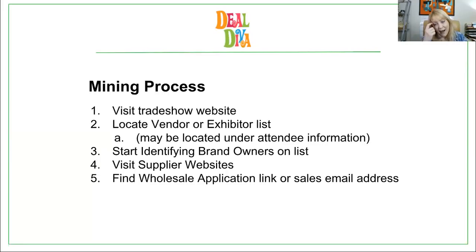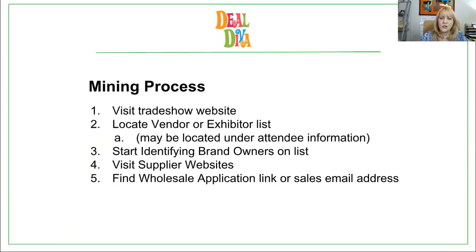I know that sounds kind of backwards, but the exhibitor link is going to be basically an application for a brand owner who wants to be a vendor at that event. What you want to do is find the link for attendees, because that attendee information is where they give you a list of the vendors a lot of times, and they tell you how to find contact information for those vendors.